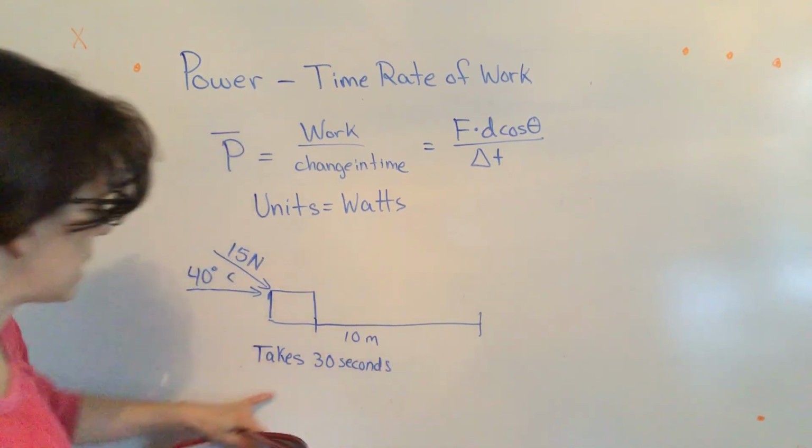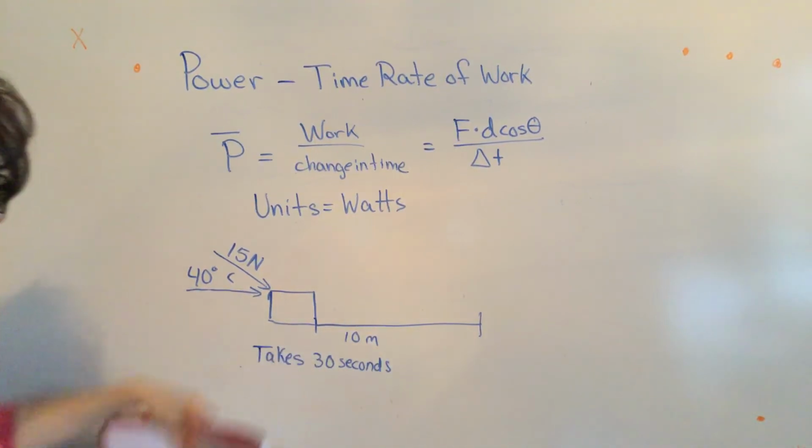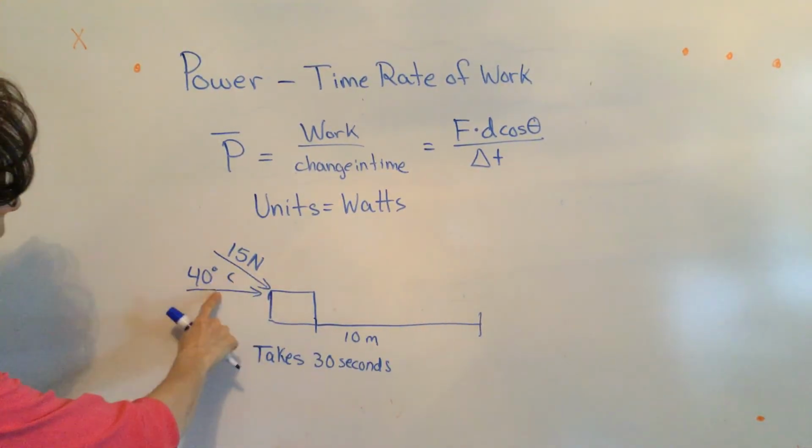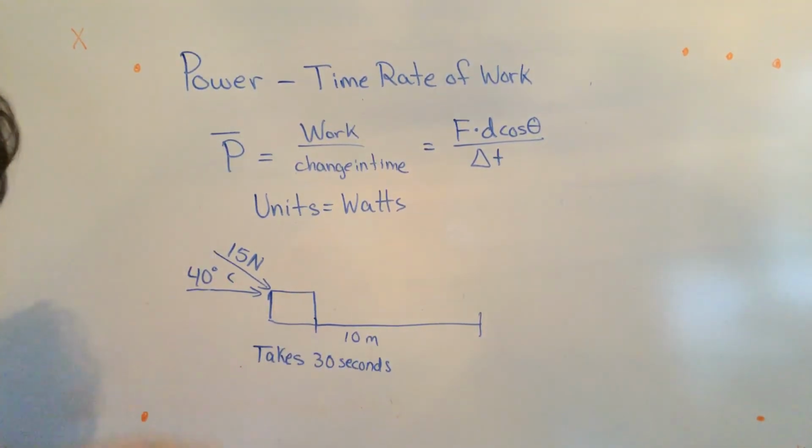We're going to say that it takes 30 seconds to move this object 10 meters when we're applying a force of 15 newtons at an angle of 40 degrees with the direction of our motion.